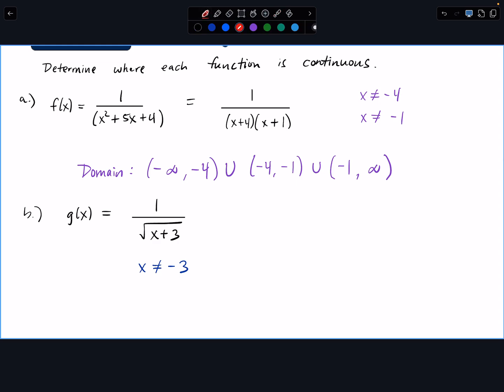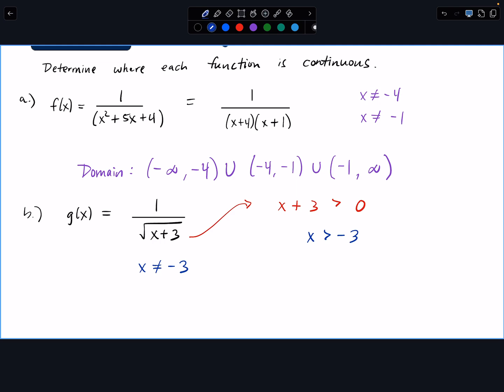Normally you would say x plus 3 greater than or equal to 0 and solve. However, do I want it to actually be 0? Because then I'm dividing by 0, right? So to fix that, all I have to do is just erase that, because here I can only have it be positive. How do I solve this? Subtract 3. So just x has to be greater than negative 3.